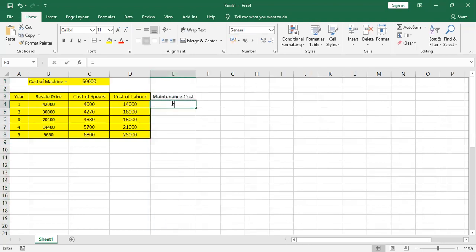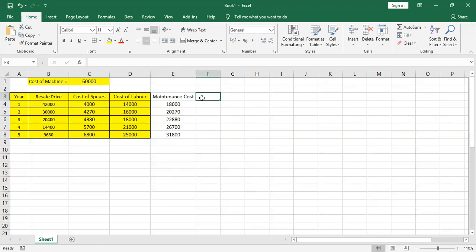The maintenance cost is basically spare cost plus labor cost. That means 4,000 plus 14,000 is 18,000. Similarly, I calculate the maintenance cost for the rest of the years. It is my maintenance cost.